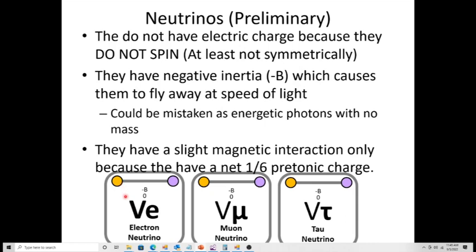And they could be misidentified as a high energy proton with no mass. Because they look like they have no mass, they actually have antimass. But because they're traveling at the speed of light, whatever anti-effect cancels, and it looks like they have no mass. They could actually look like a photon, and that's one thing that they could be misidentified as.